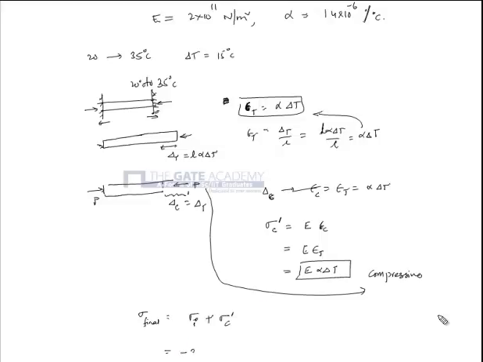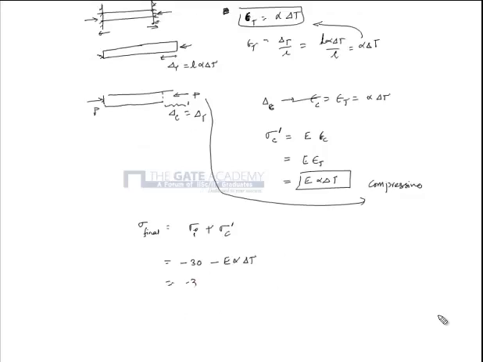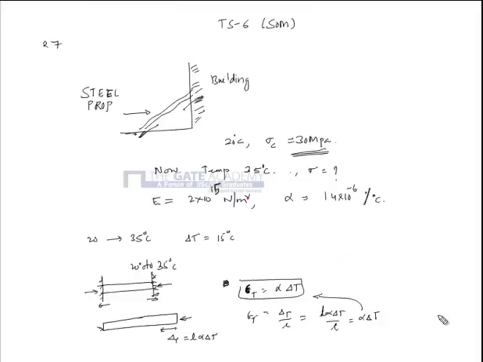So this is minus 30 because it's compressive, and this also is minus E alpha delta T. So this is minus 30 minus E, which is 2 into 10 power 11, into alpha, which is 14 into 10 power minus 6, into delta T, which is 15 Celsius. E is 2 into 10 power 5 Newton per mm square.